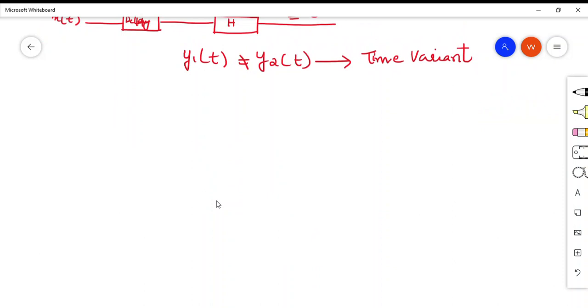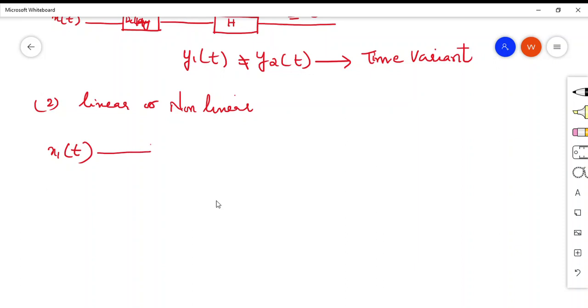Next you have to check whether the given system is linear or non-linear. For checking whether the system is linear or non-linear, first you take your input x of t. Let the input be x1 of t.